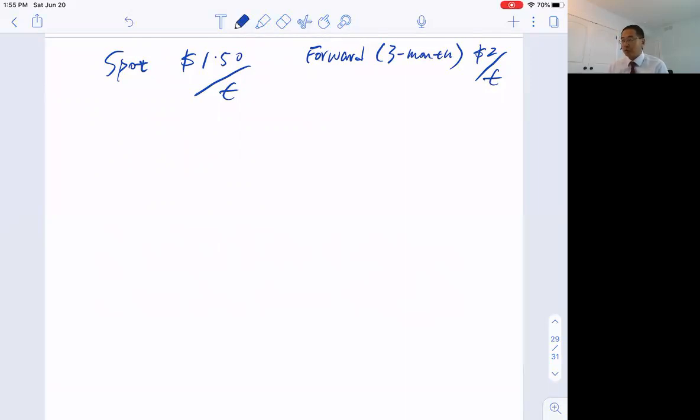Okay, the forward rate, we'll talk about this more. I'll show you how in just a second, but the forward rate is completely 100% determined by any difference in interest rates in the two countries. It does not reflect how the market predicts the spot rate is going to go in the future. I'll say that again.